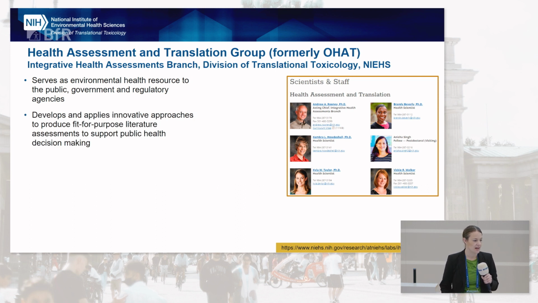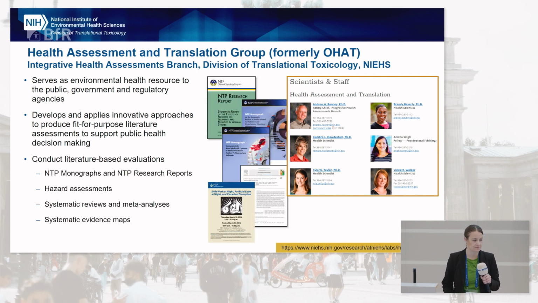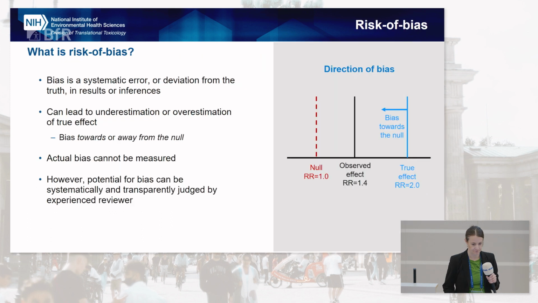We develop and apply innovative approaches to produce fit-for-purpose literature assessments to support public health decision-making. And a lot of our time is spent conducting literature-based evaluations, and this can include lots of different types of products. We have NTP monographs and research reports, hazard assessments, systematic reviews and meta-analyses, and systematic evidence maps.